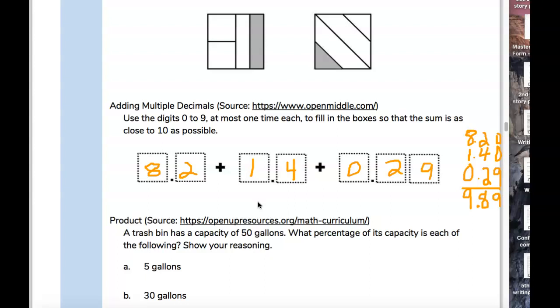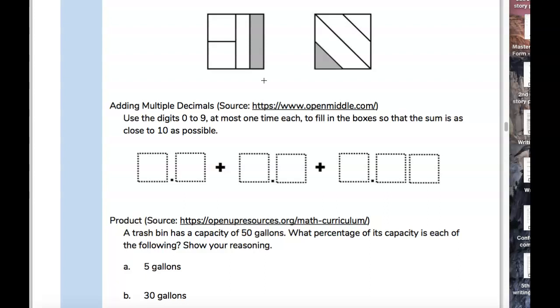See, I didn't look at that. I'm using the 2's twice, and that won't work, will it? So hold on, let's look at this again. See, that's what you have to do. You have to play around with it until you get a number close to 10, but you're only using the digits one time.